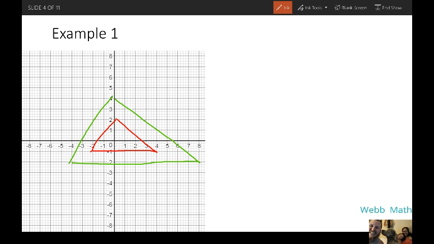Now, it looks like we dilated. So I think our transformation here is definitely a dilation. Visually, it looks like your scale factor is a half, right?